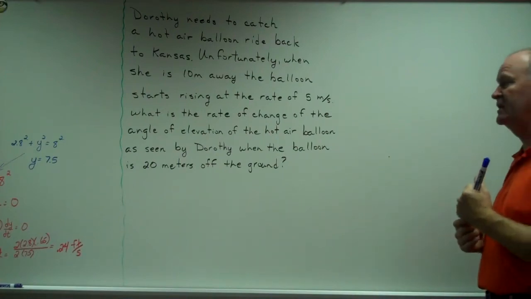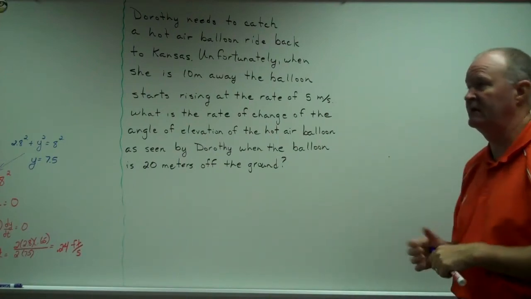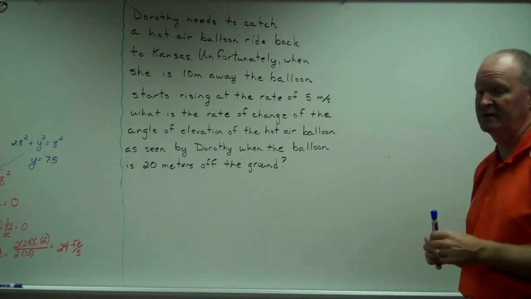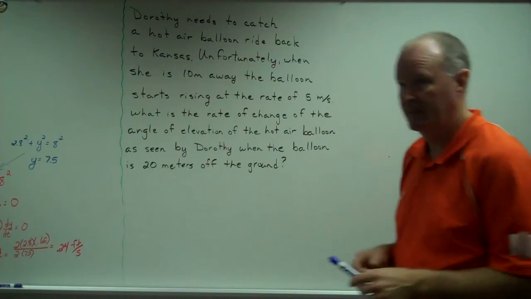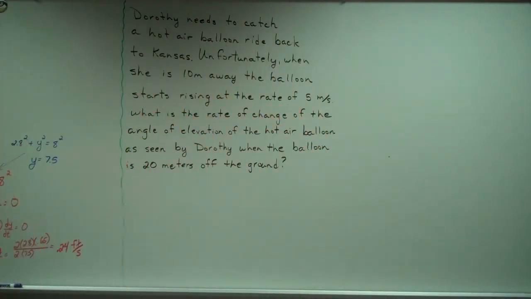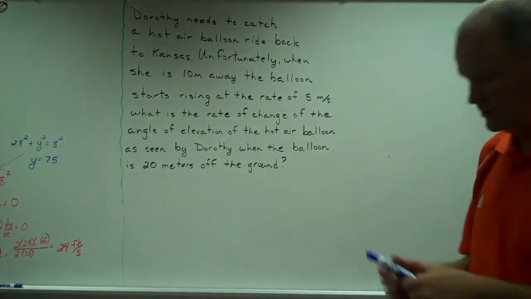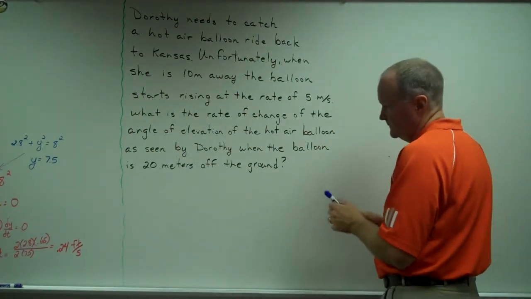What is the rate of change of the angle of elevation of the hot air balloon as seen by Dorothy when the balloon is 20 meters off the ground? Now, you guys have got the picture there already, but hopefully you should be able to think about this.